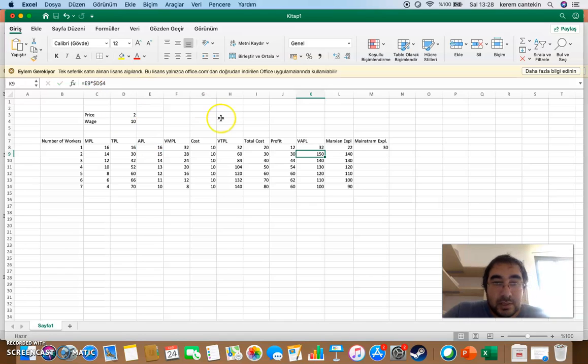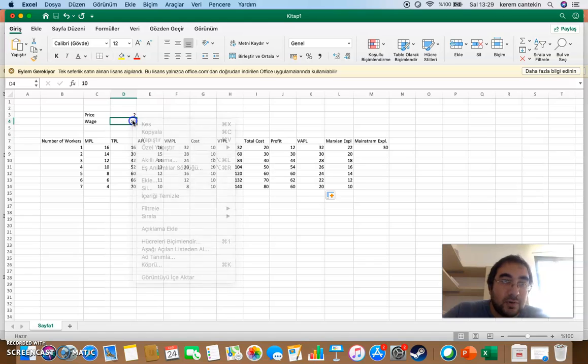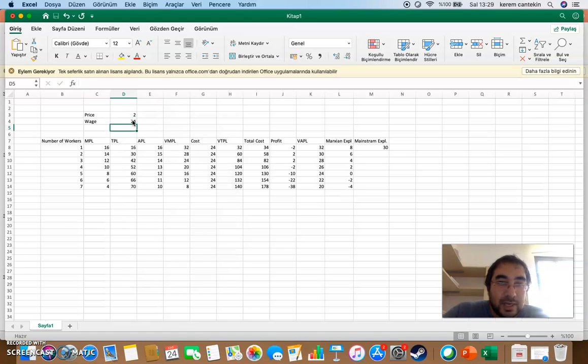I'm sorry for that. So the exploitation will fall: 12, 22, 20, 18, 16, 14, 12, 10. Basically, when you have, for example, a wage of 24 now, you will have a case where you have no exploitation, and of course the profit has decreased.